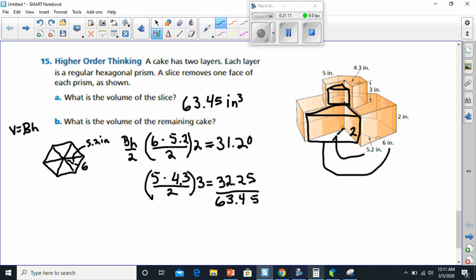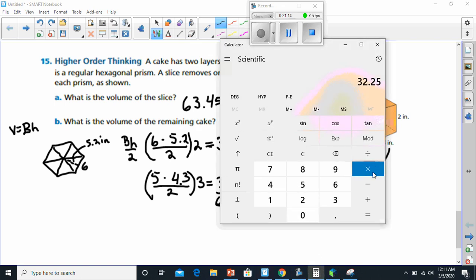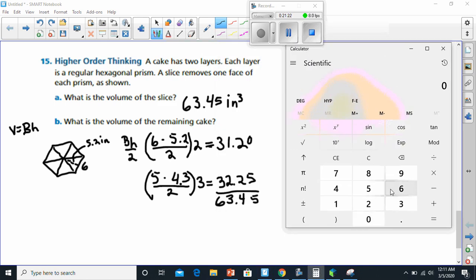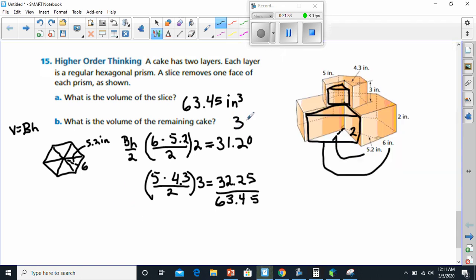We'll just take this number and multiply it by 5. 63.45 multiplied by 5 gives us 317.25. So that's going to be 317.25 inches cubed.